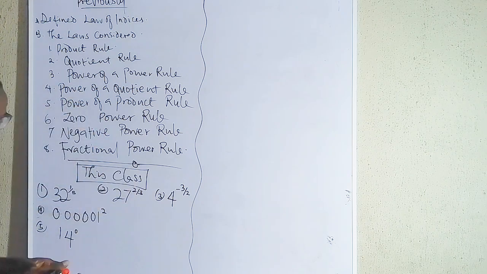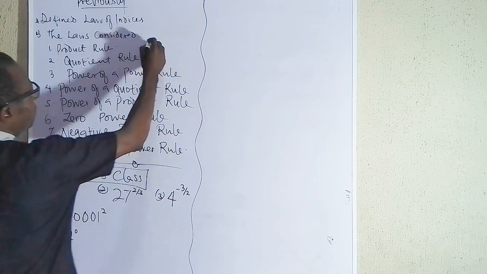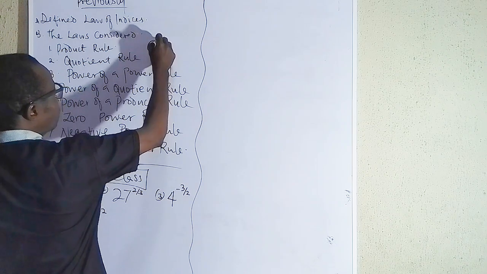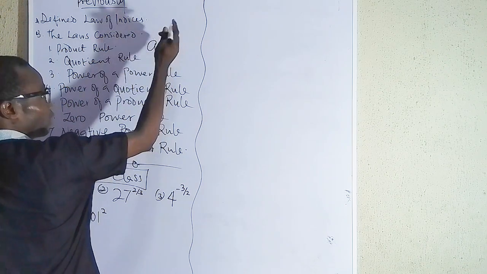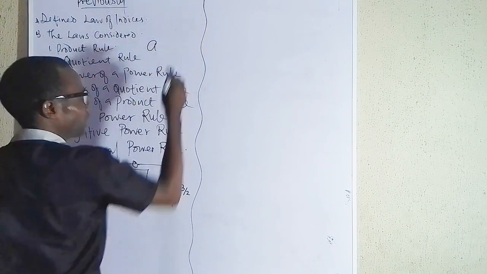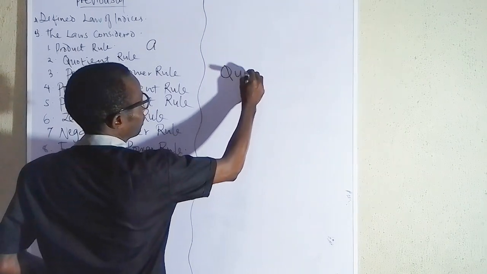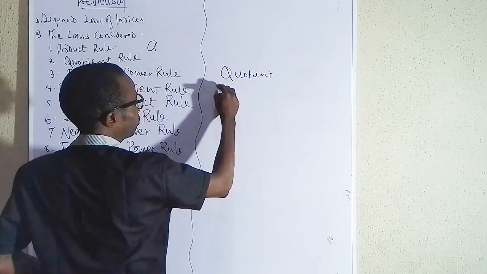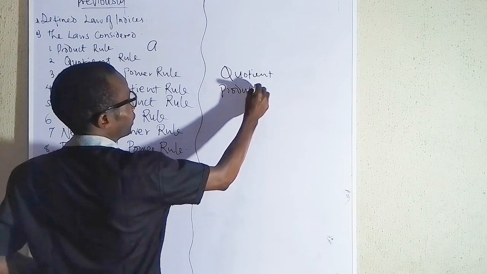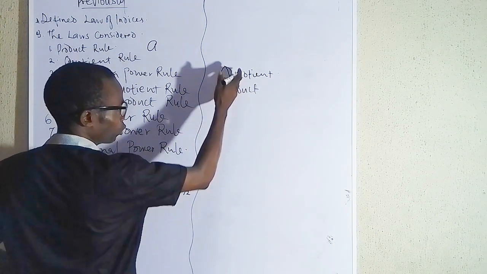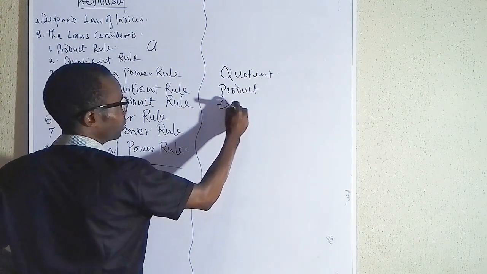The product law, which states that a number raised to a certain another number. First, we defined the terms quotient and product, and what exponent means.